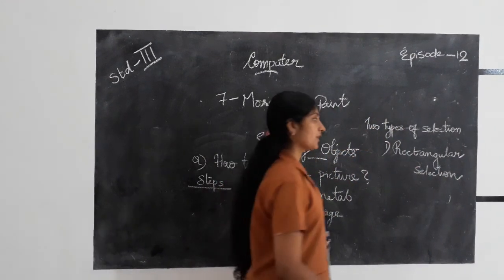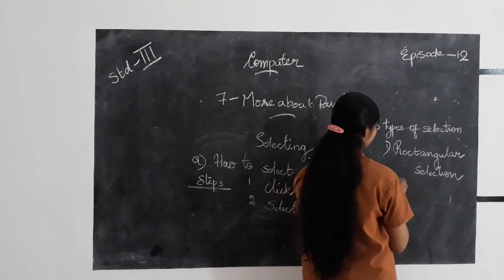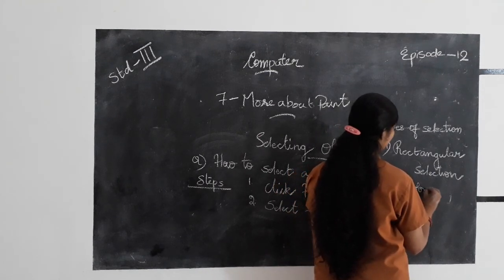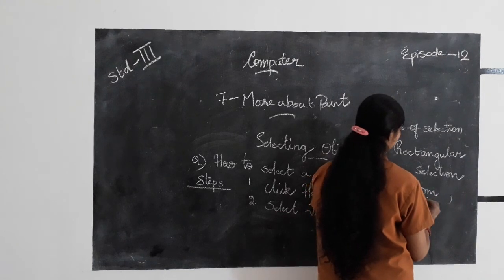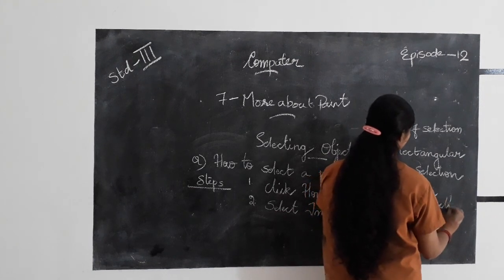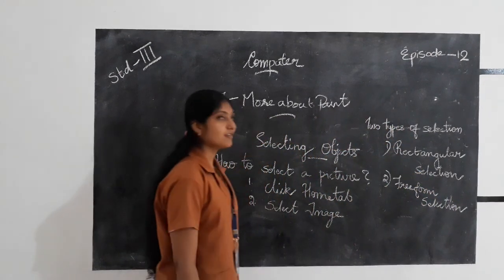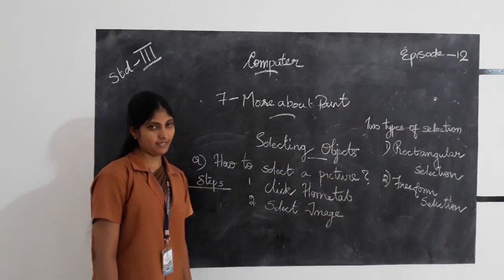Second one is free form selection. So first one, rectangular selection. Second one, free form selection.